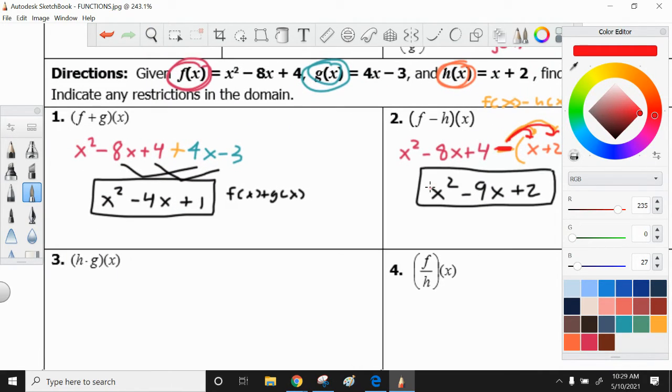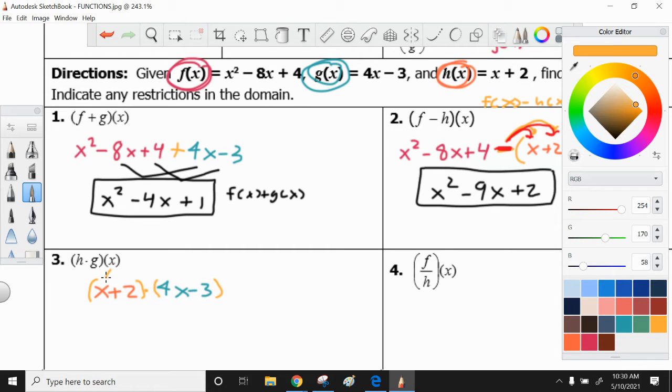We've got a multiply question now. So our multiply question is h times g. So make sure you get the order right as well. h comes first, which is x plus 2. g comes second, which is 4x minus 3. And I need to multiply these together. Now, how do you multiply two binomials together?